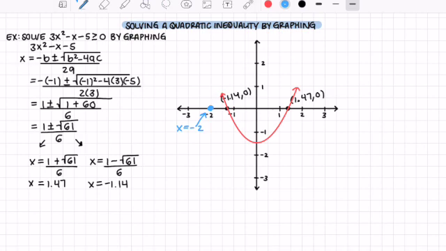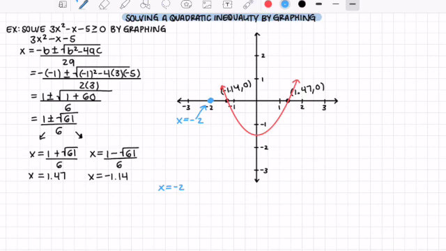When I plug it into 3x squared minus x minus 5, I get 3 times negative 2 squared minus negative 2 minus 5. So this becomes 3 times 4 plus 2 minus 5. This becomes 12 plus 2 minus 5, and that equals 9. So I get 9 as my answer.